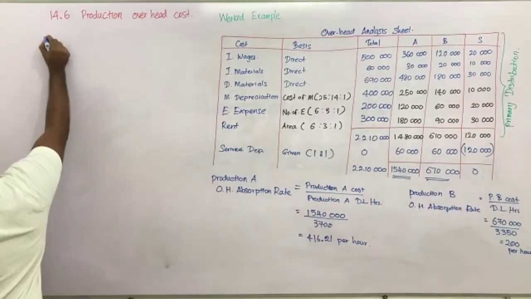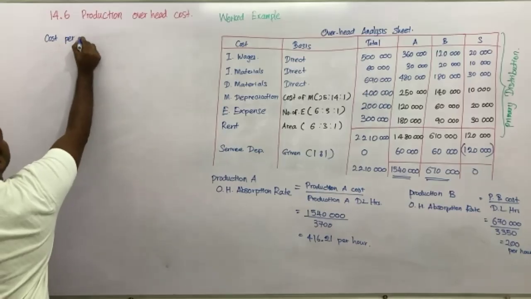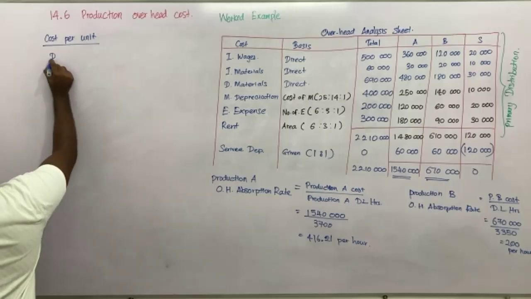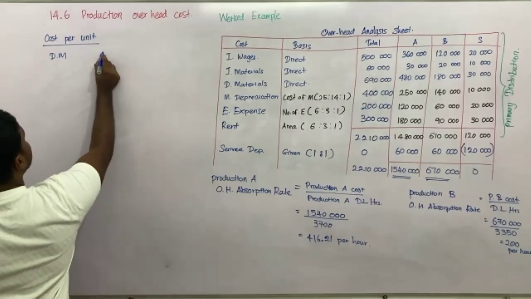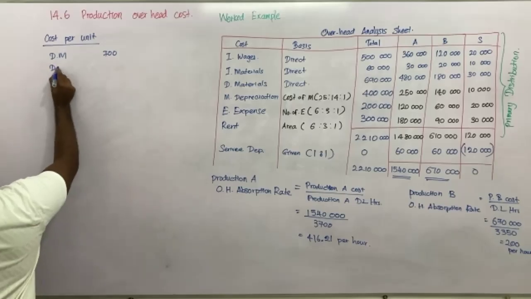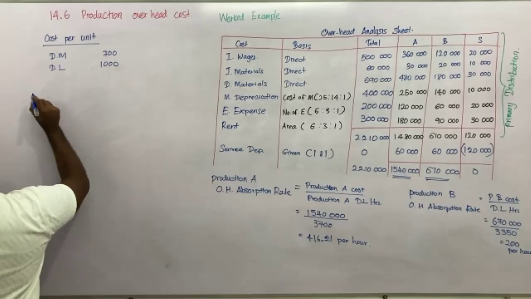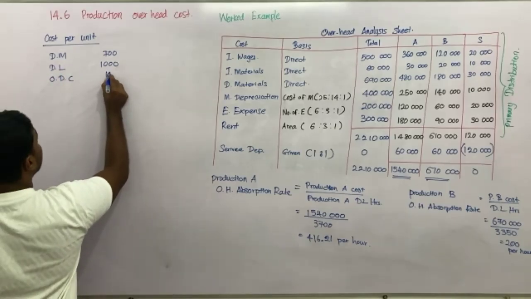So we'll calculate the production cost per unit. Okay. Cost per unit. First, direct material is given 700, direct labor is given 1000, other direct cost is given 100.